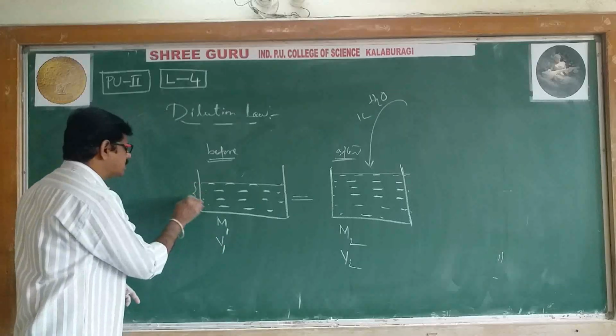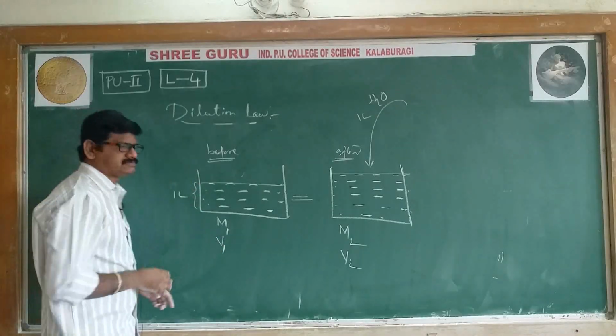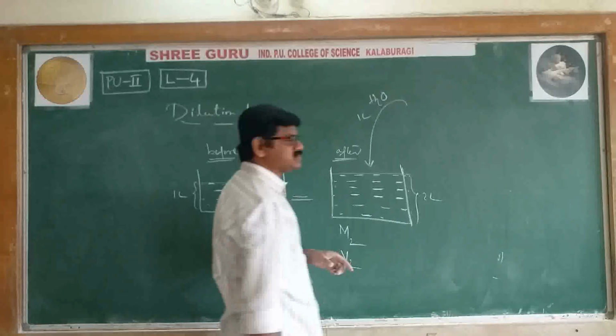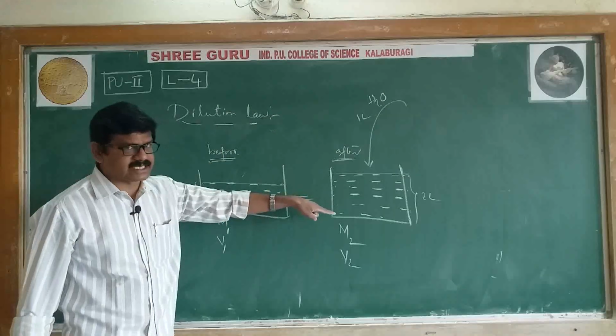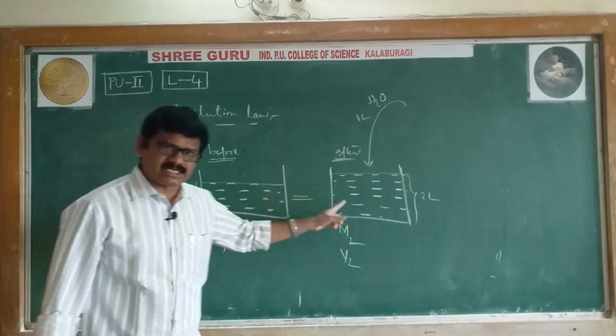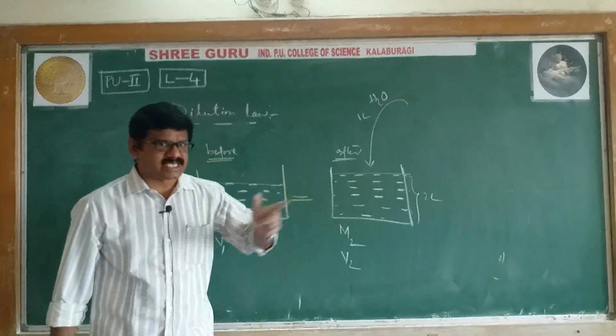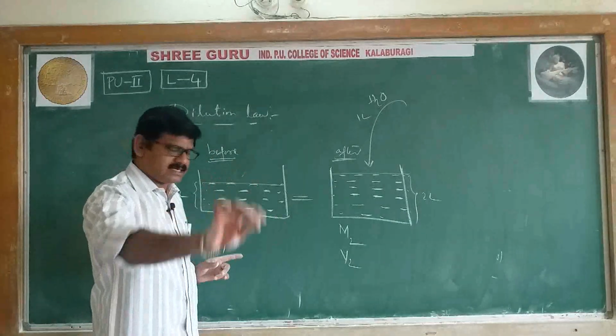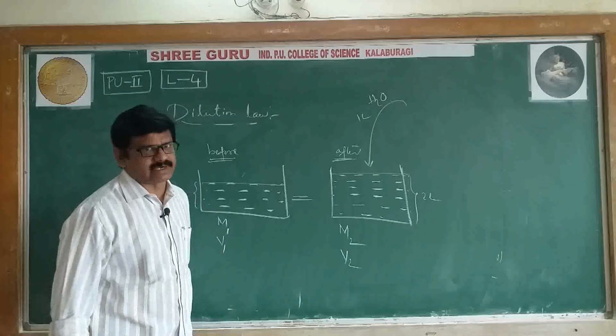Because the old 1 liter was already there. Right. 1 plus 1, 2 liters. Definitely after addition of water, concentration also changed. That's why M2 and M1 are different. V1, V2 also different. Okay.